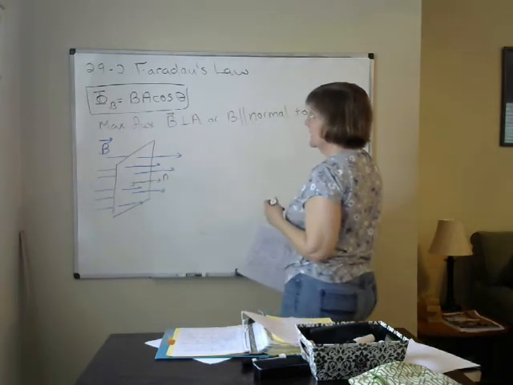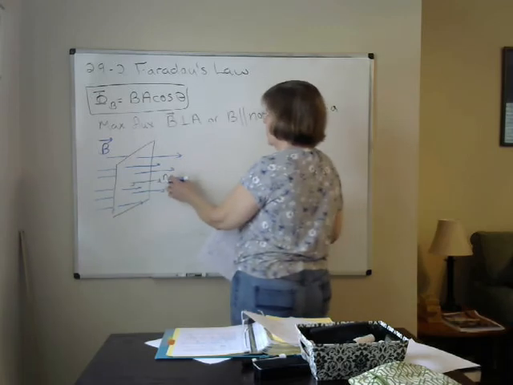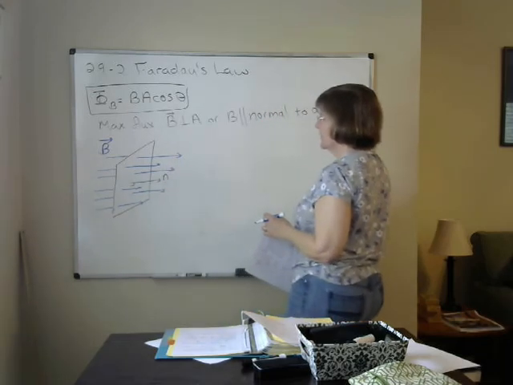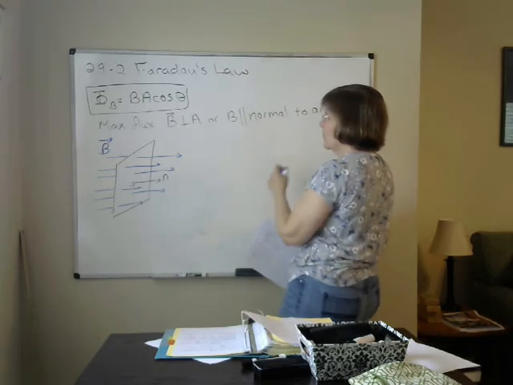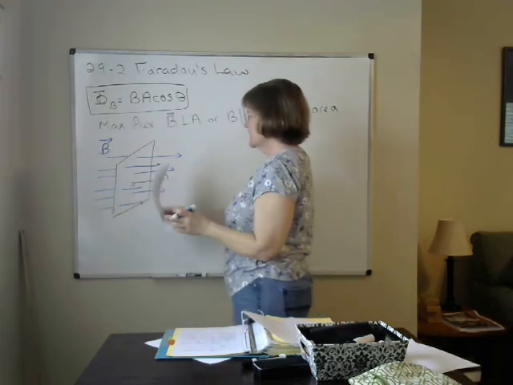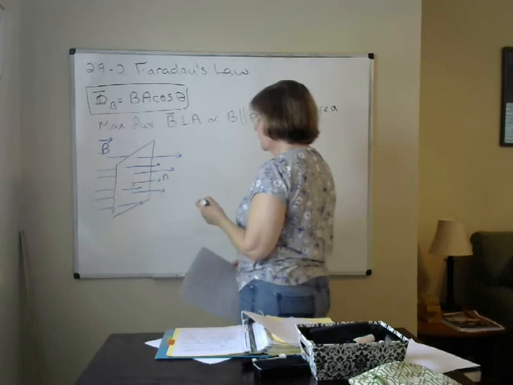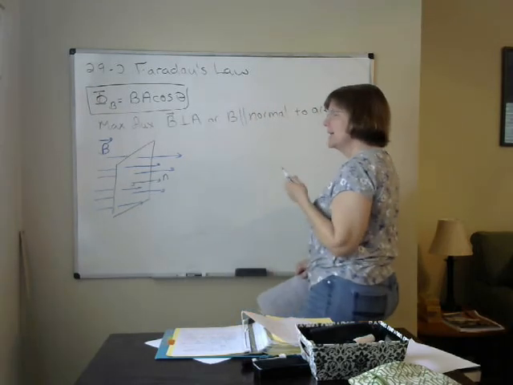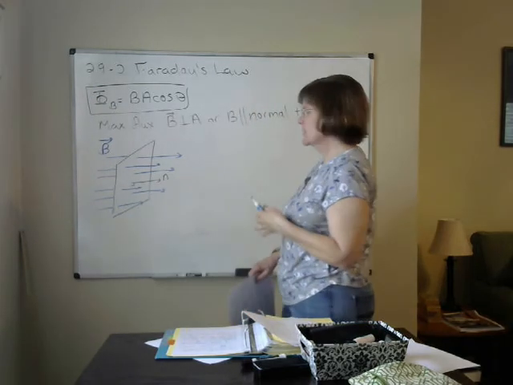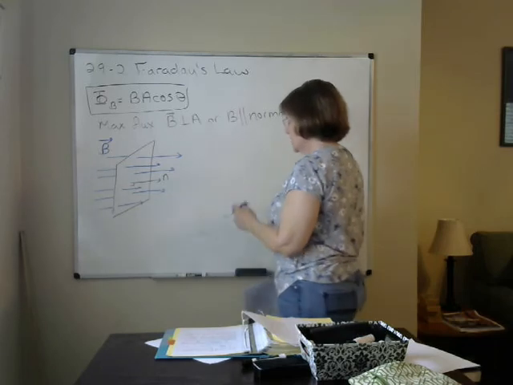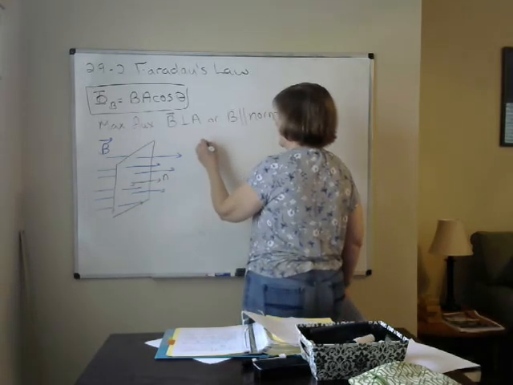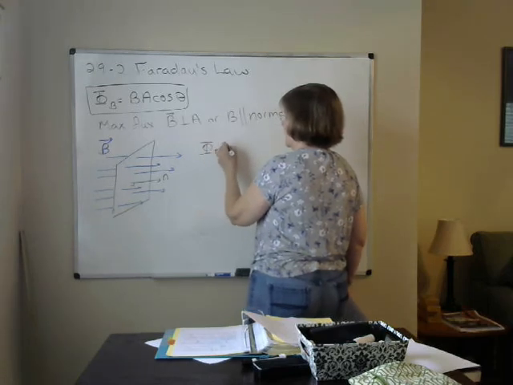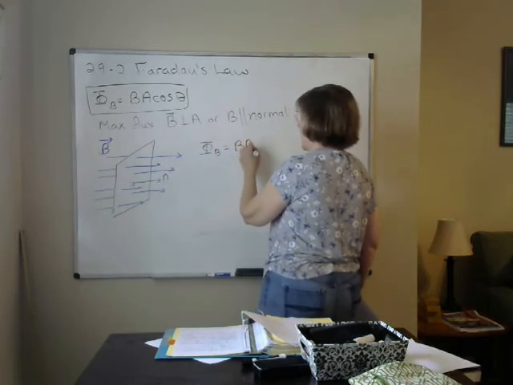Since the normal points in the direction of the magnetic field, B is parallel to that normal, or you can think of it as this area being perfectly perpendicular to B, we're going to get the maximum number of lines of flux through that sheet of paper. So in this case, it's just BA. Why?